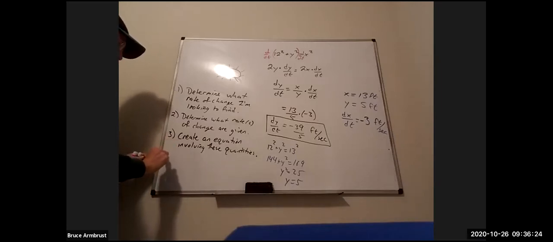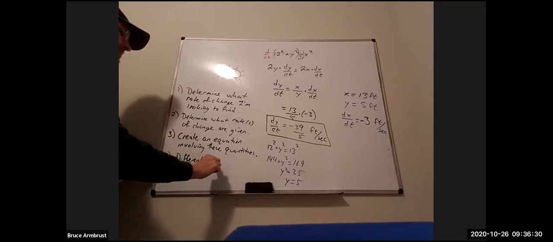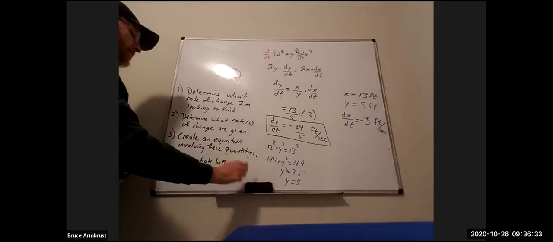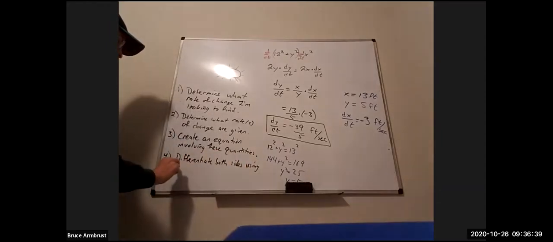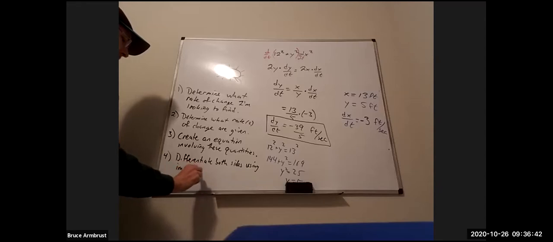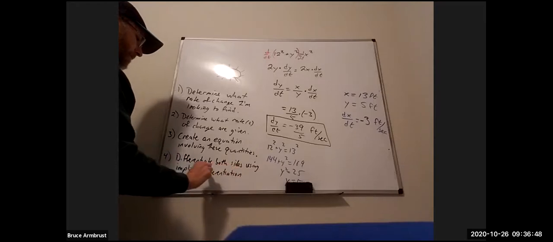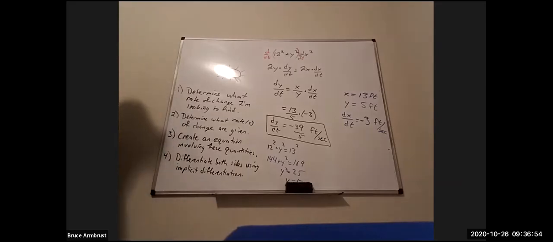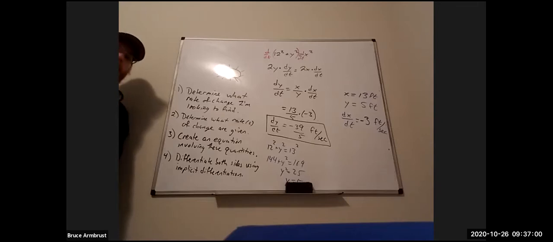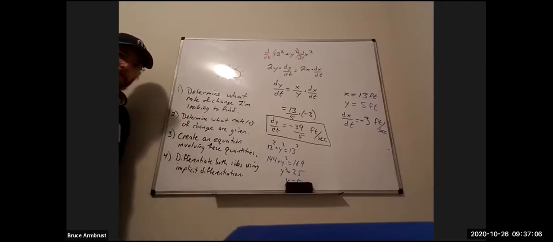Then once we have that equation, this is where we're going to differentiate both sides, using implicit differentiation. And so then once it's differentiated, you plug your numbers in and you go.